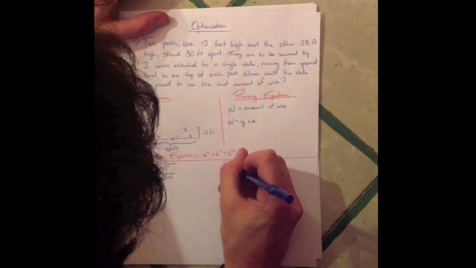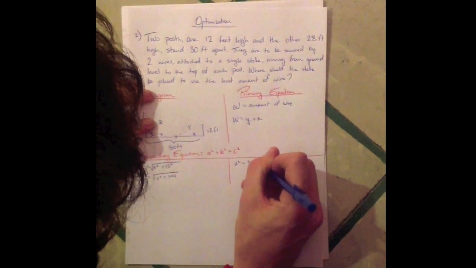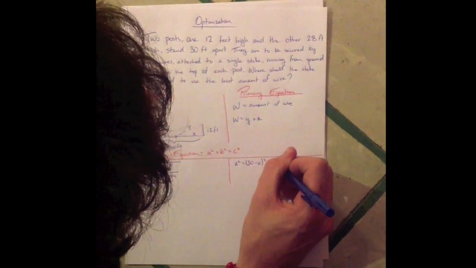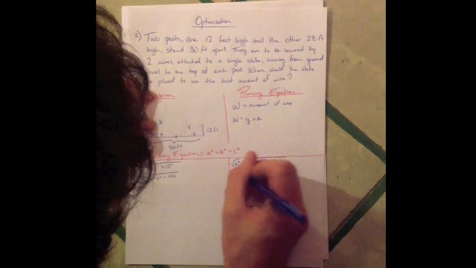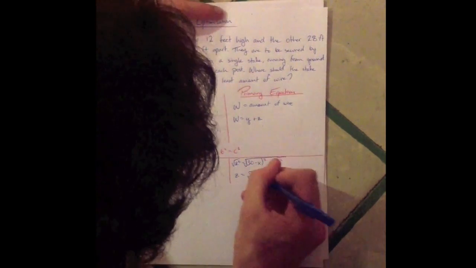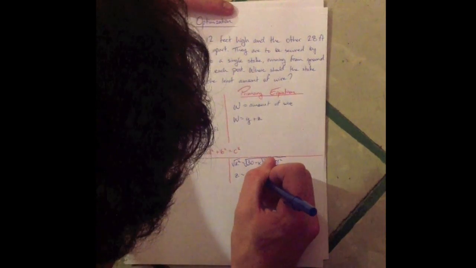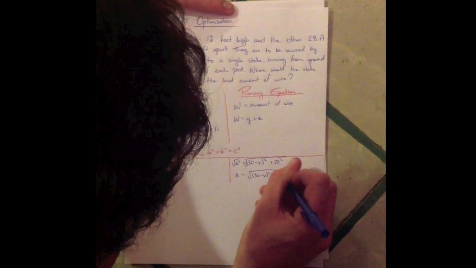The other one, z squared equals (30 minus x) squared plus 28 squared, which means that z equals the square root of (30 minus x) squared plus 28 squared.